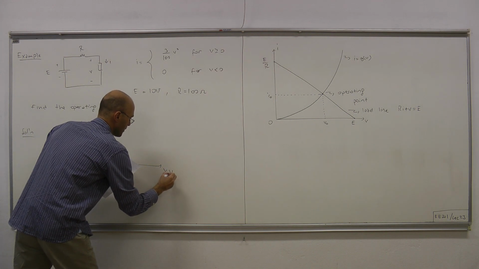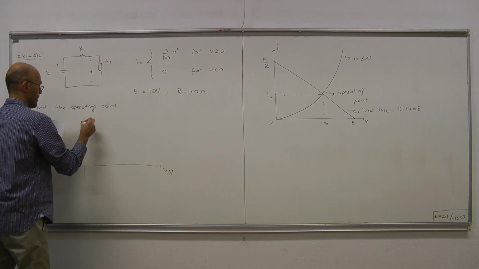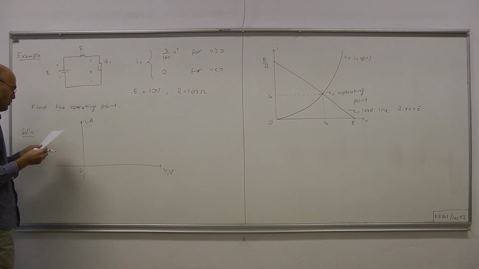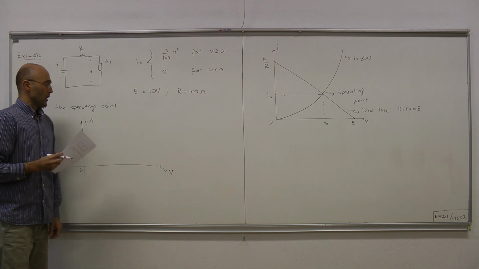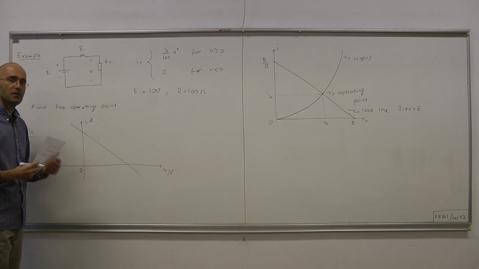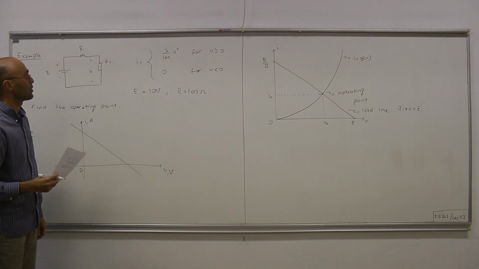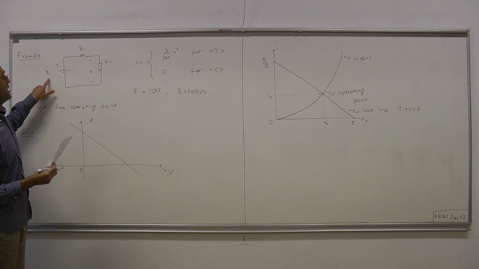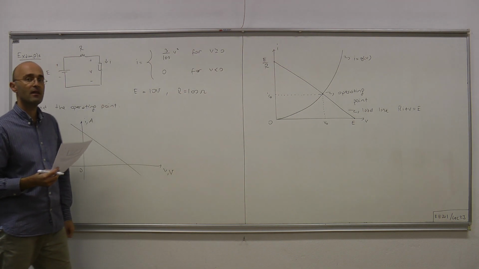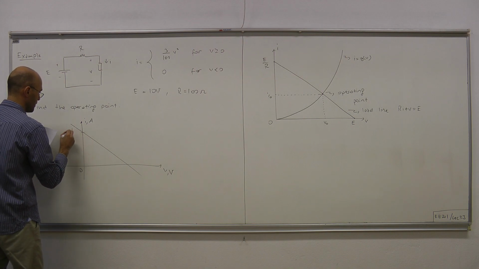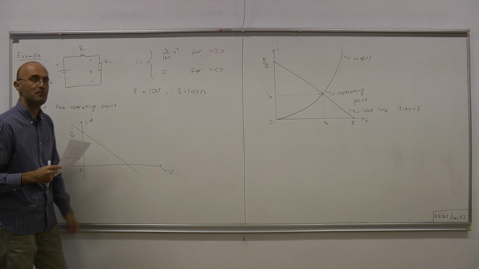V in volts by I in amps. This is the origin. The load line is this straight line with negative slope, and this point is E over R. E is 10, R is 100, therefore this is 1 over 10 amps.